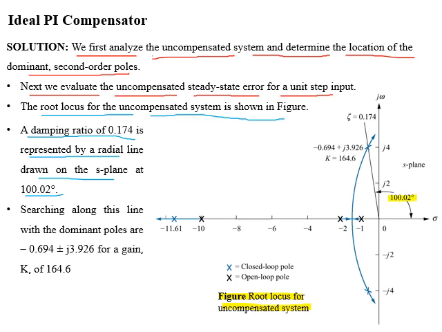The point where the root locus intersects the line of constant damping ratio will be the desired location of the closed loop pole for a damping ratio of 0.174, and the location is equal to minus 0.694 plus minus j 3.926. For this location of closed loop system poles, the gain will be equal to 164.6.